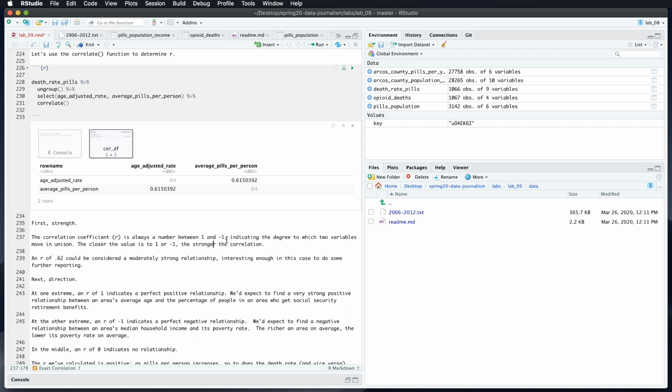Depending on the domain and who you talk to, this could be considered a moderate relationship or a little bit more than moderately strong relationship. In some domains, this would not be strong at all. In this case, I would say 0.62 is interesting enough to check out, and certainly the Post did an entire story about this subject.